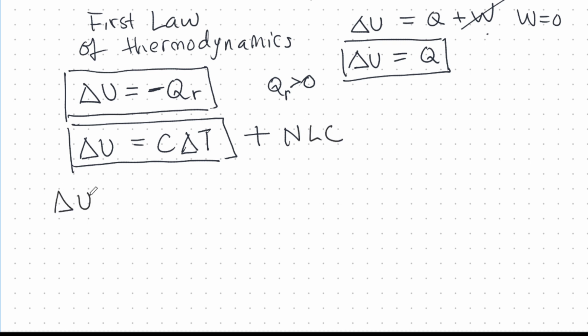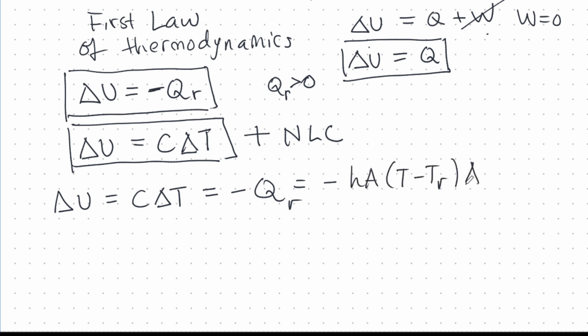So we have delta U is C delta T, and this is minus Q_R, but minus Q_R is minus hA (T minus T_R) delta t. That's great. So we don't need to think about delta U anymore, at least not for now. And we can rewrite this as delta T over delta t equals minus hA over C times (T minus T_R). There, that's very nice. So far, so good.